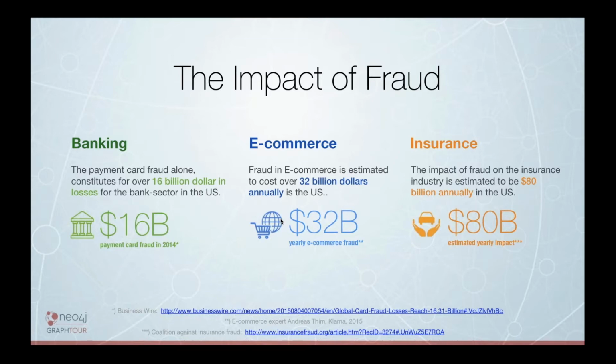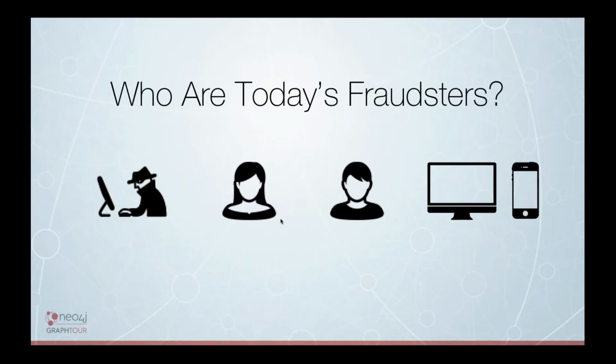And while this research is from 2015, it's definitely not that in 2018 this has all been solved. It can be more estimated that the numbers went up from there. Who are today's fraudsters? Well, I'm sorry to say, but often they are more sophisticated than most systems one would have to prevent them. The biggest fraudsters don't operate as lone entities today.